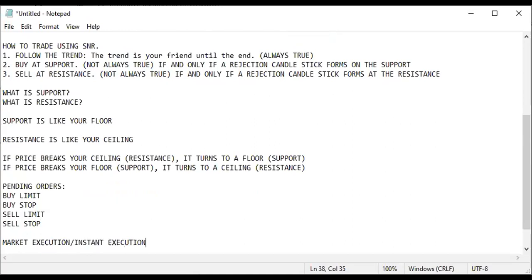For iPhone, you will see instant. For market, you will see market. Either you place your trade using market execution, or you place trades using what we call pending orders. And these are the four types of pending orders that we have: buy limit, buy stop, sell limit, sell stop.